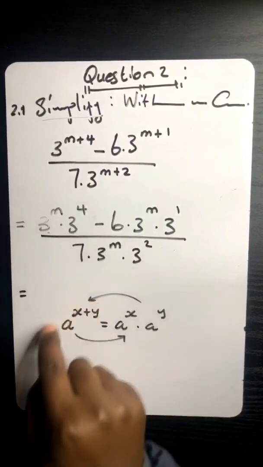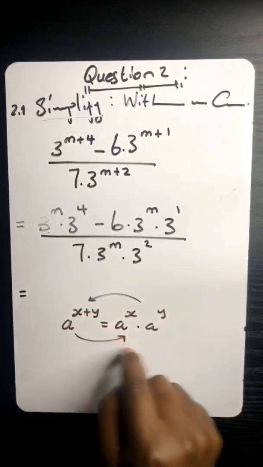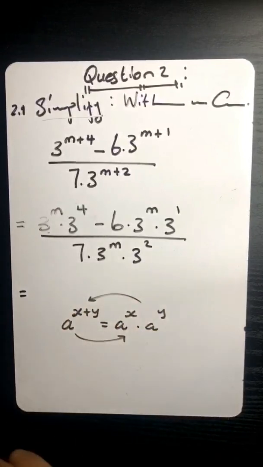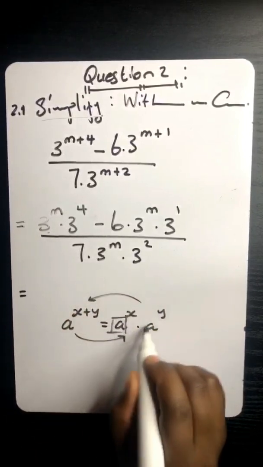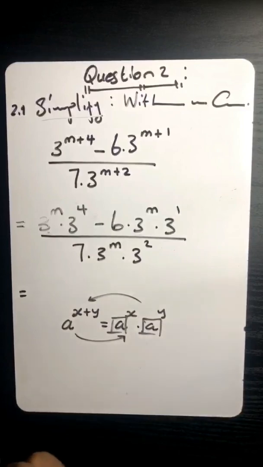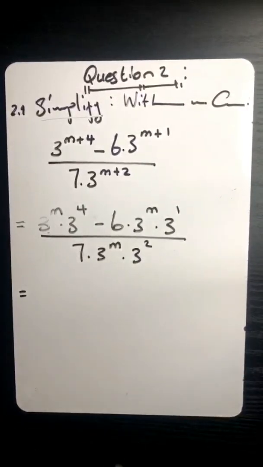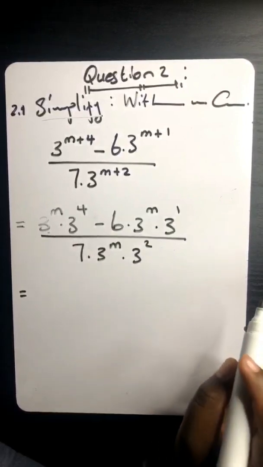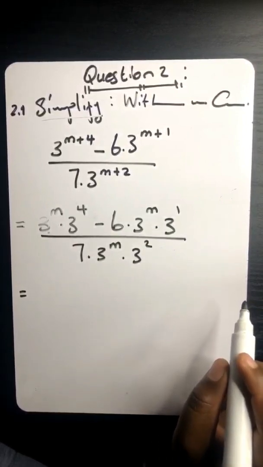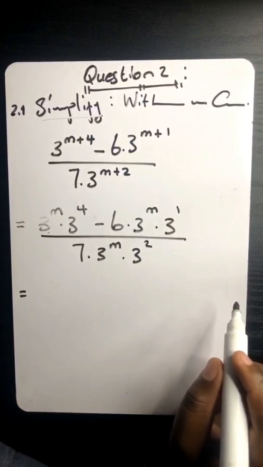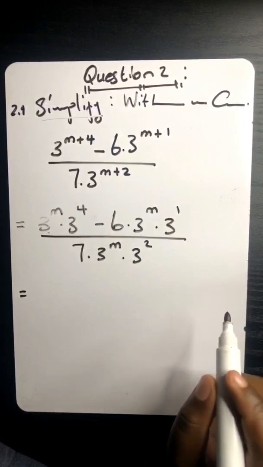You are welcome to do that, only if you have the same or equal bases. So just make sure to familiarize yourself with the laws of exponents. If you forgot them, there's a lesson that I did focusing on all the laws of exponents. I think there are 6 or 7 somewhere there.